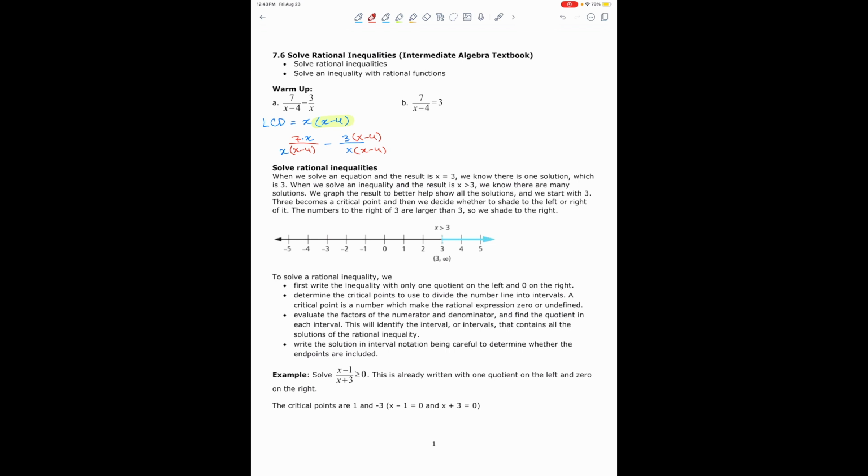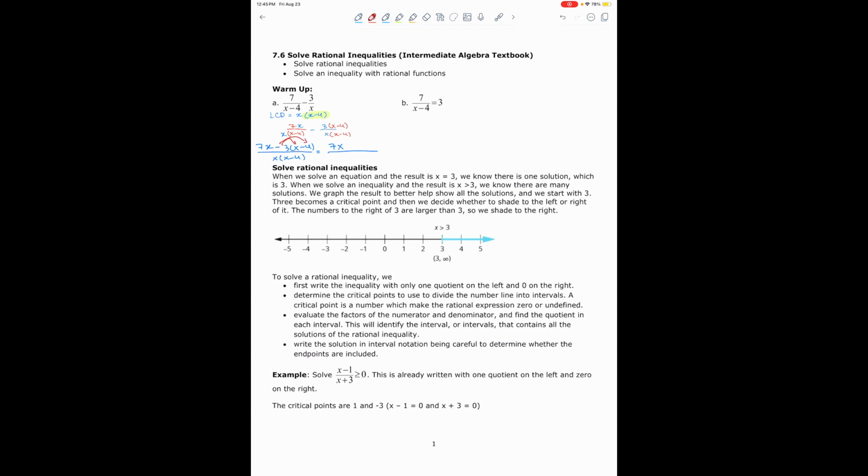And now we basically can simplify that expression. So the first one is going to be 7x, and then we have the same denominator, so we're going to keep it over the same denominator, minus 3 times x minus 4. Then we can simplify the numerator. We have 7x, and we're going to distribute the negative 3 inside.